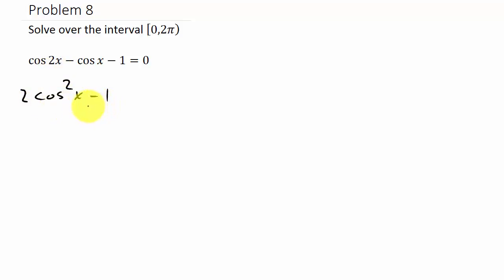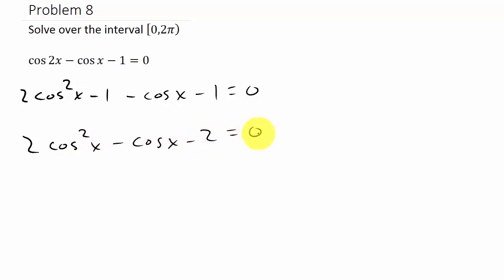That's one of your double angle identities. And then I'll write the rest of the problem down: minus cosine x minus 1 equals 0. And so that's going to be 2 cosine squared x minus cosine x minus 2 equals 0.